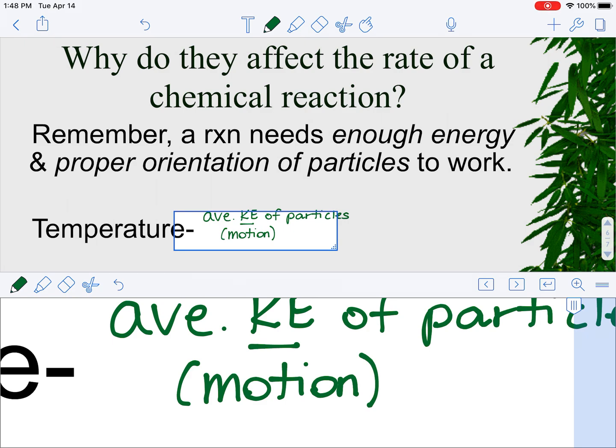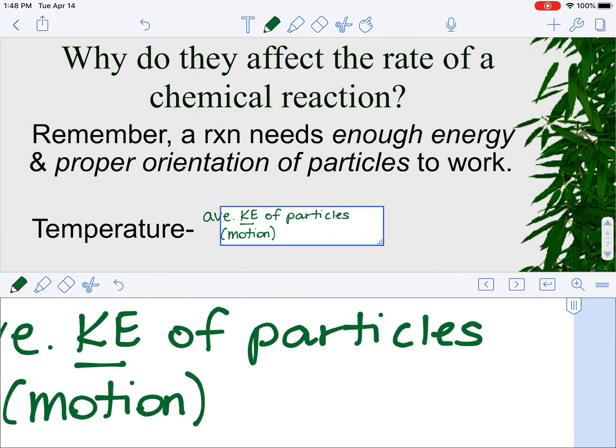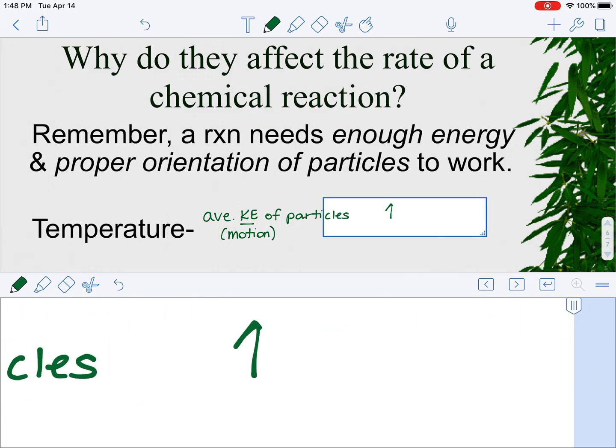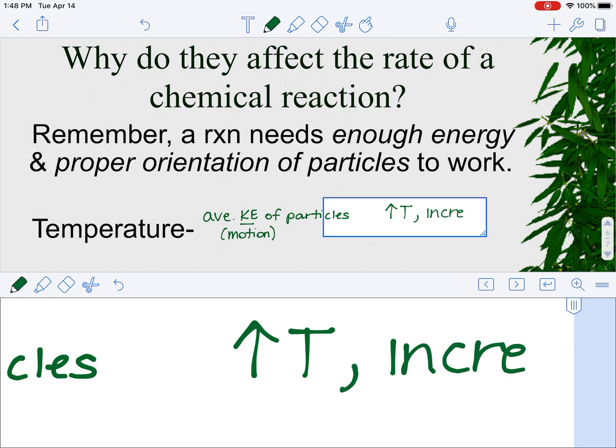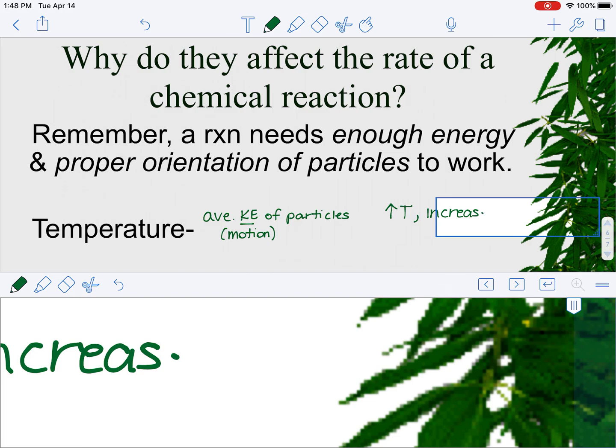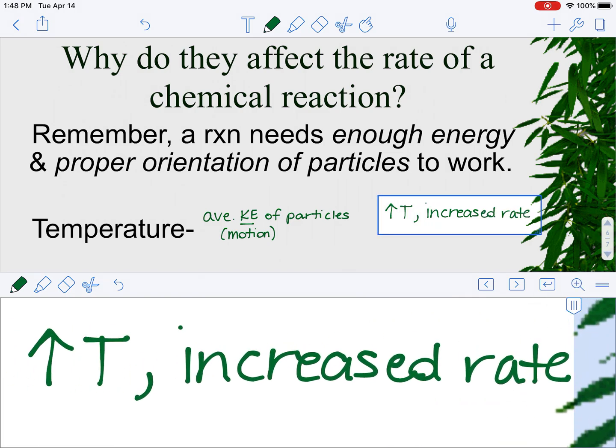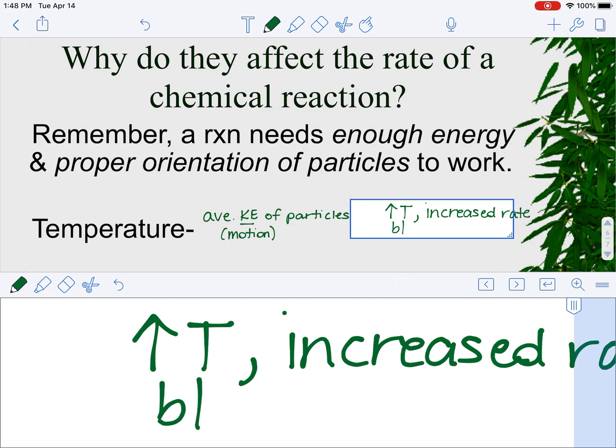So if I know that my particles need enough energy, by changing the temperature, I can speed it up or slow it down. In other words, a high temperature will have an increased rate. And that's because the particles have more energy.